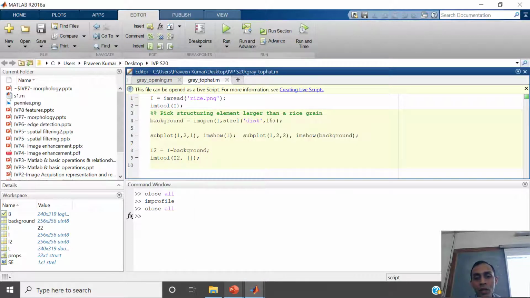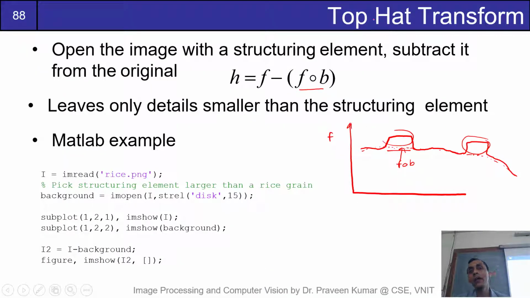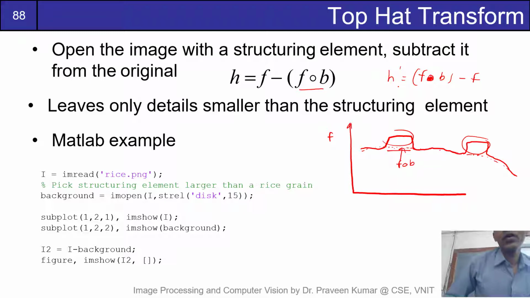This is an application of what we call the top hat transform, because we are recovering the top portion. Similarly, there is a bottom hat transform, where we take the closing operation and then subtract the image from it.